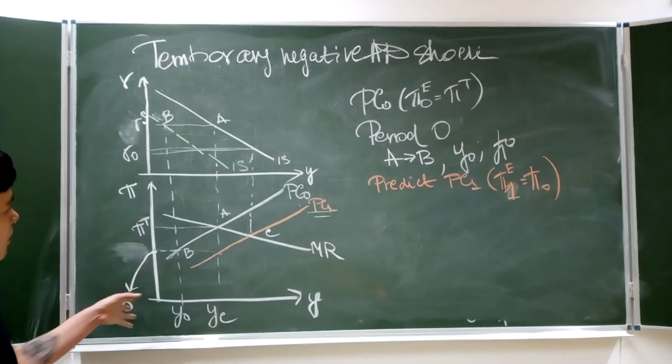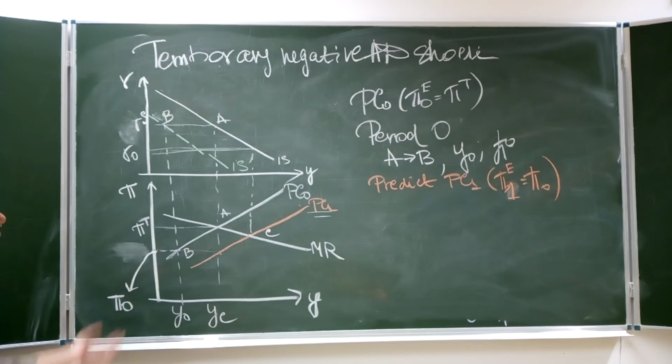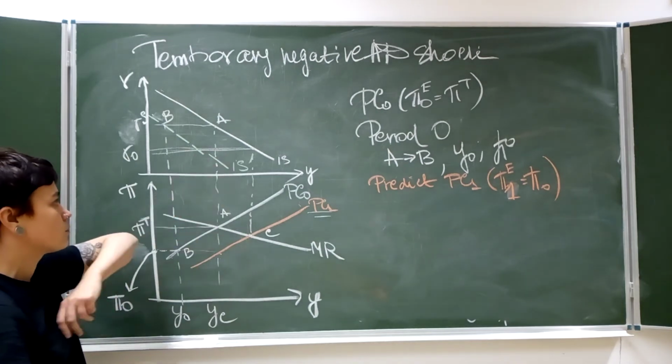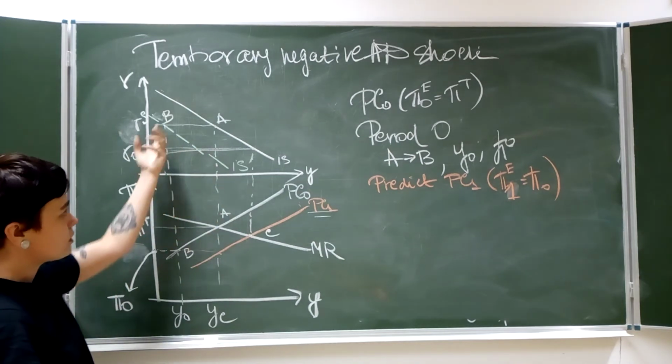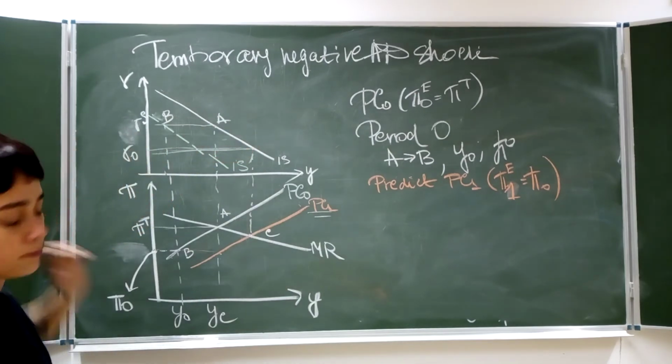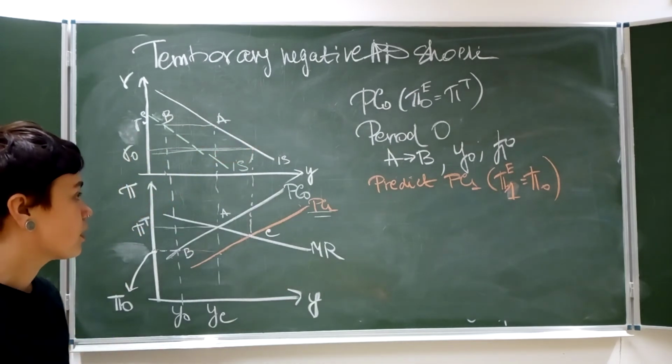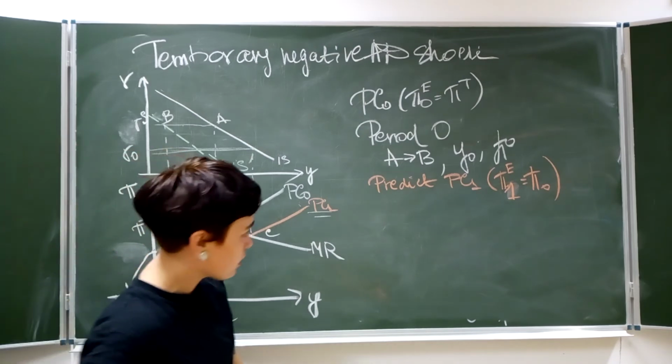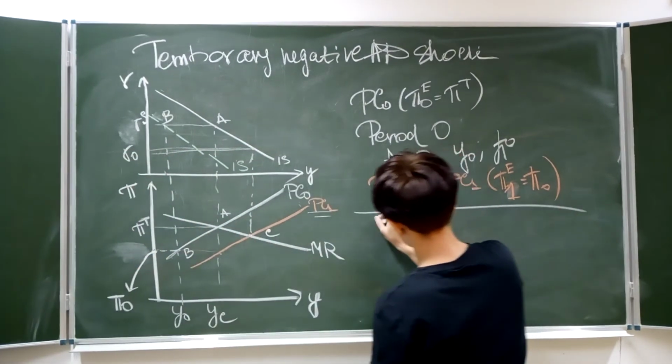So again, this is temporary shock, so when analyzing period 1, central bank already keeps in mind that economy is going to get back to this initial IS in period 1. So fine, here we are. So this is everything that happens in period 0.